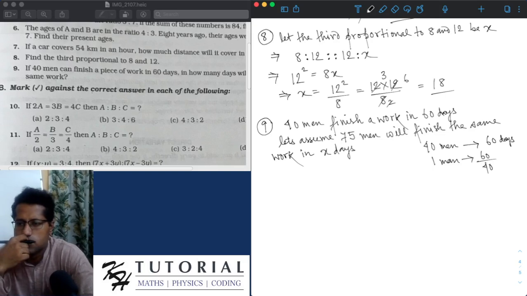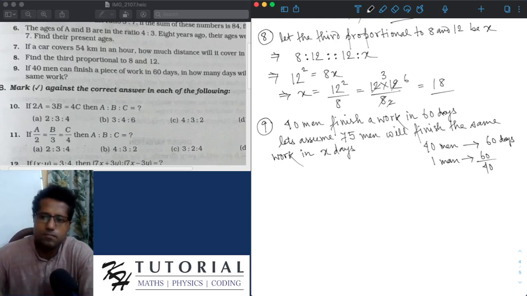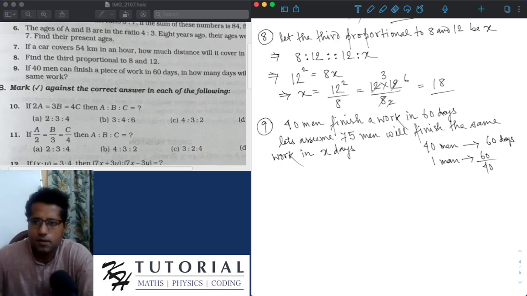Same work, 60 days. One man will not take 60 by 40 days.